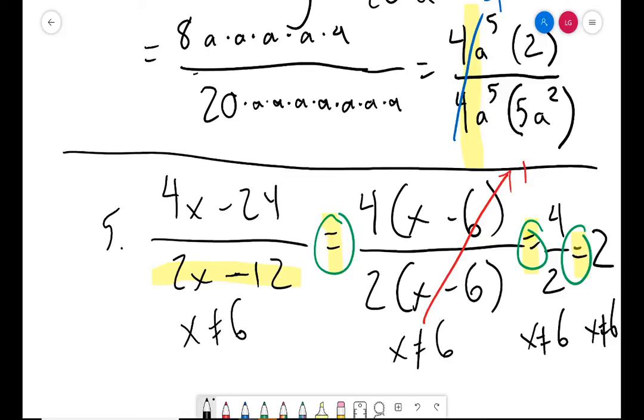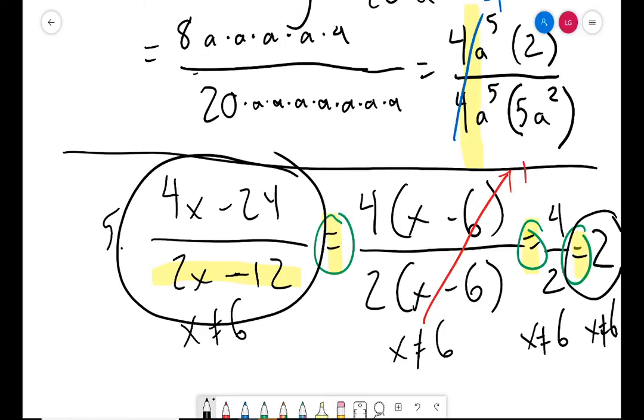You can't change them if you're going to establish an equal sign. And therefore, if the first function fails when x equals 6, then equivalent forms need to also fail when x equals 6. It's easy to see it here because when you try to evaluate it at 6, it breaks. This you try to evaluate at 6, it seems like it should be 2. That's why you have to be thorough and bring along the x cannot be 6 statement.